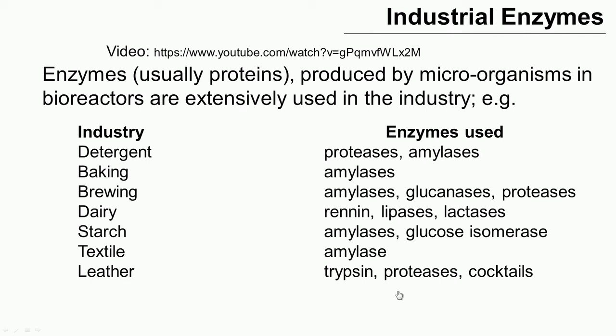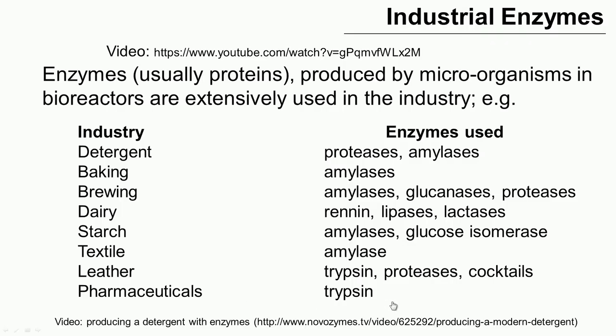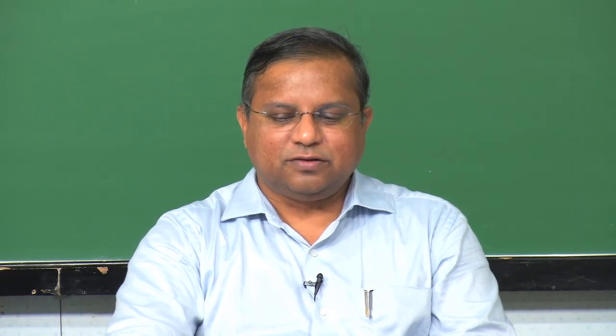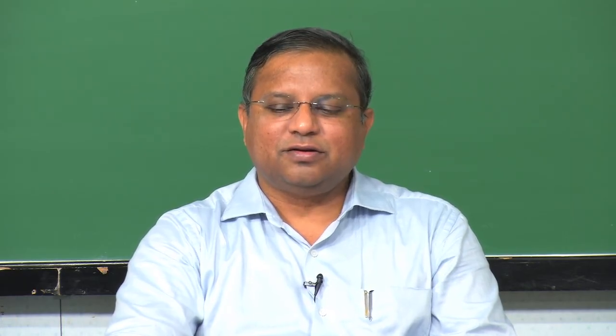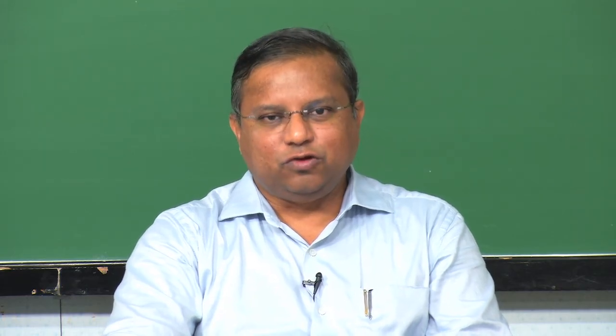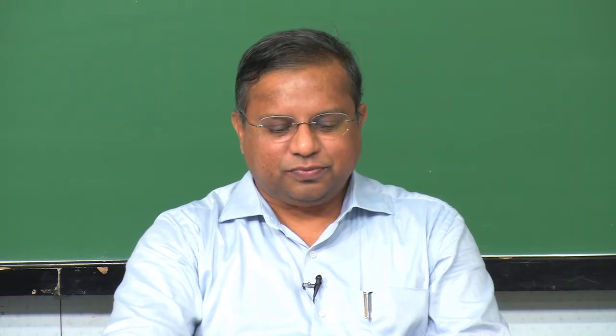Leather industry, trypsin, protease and cocktails of enzymes and so on. Pharmaceuticals, trypsin and so on. Okay. So, heavily used, as I said, billions of dollars worth per year is the amount of money involved in enzyme use, enzyme manufacture, enzyme use.